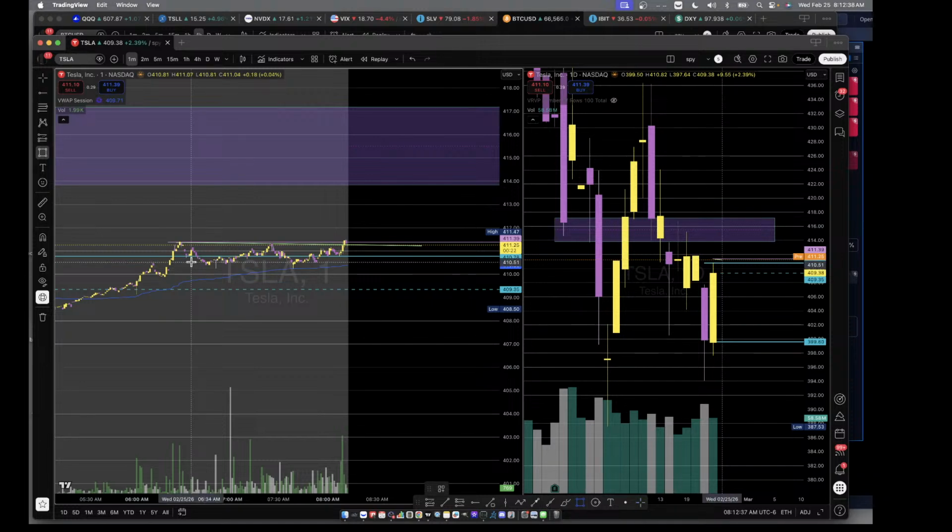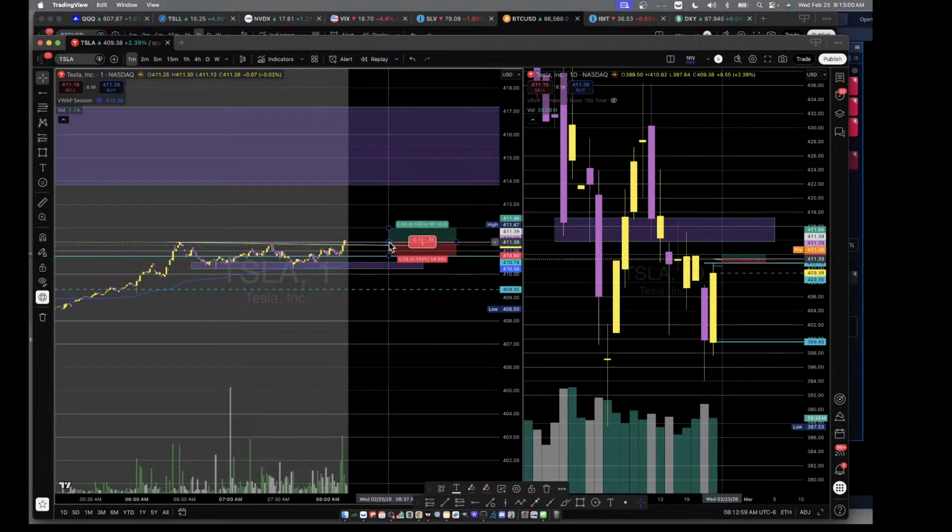Confluence is also, hey, we got some support at the bottom. We can use that to bounce off of. We got this level, the wick, to bounce off of as well. We got a lot of protection basically.